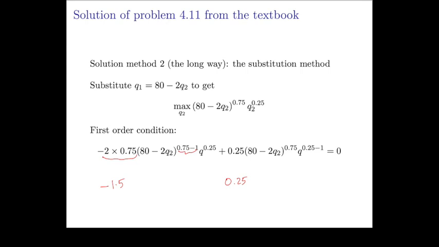So 80 minus 2q2 to the minus 0.25 is 1 over 80 minus 2q2 to the 0.25, times q2 to the 0.25, plus, same thing here, we've got 80 minus 2q2 to the 0.75 divided by q2 to the 0.75.